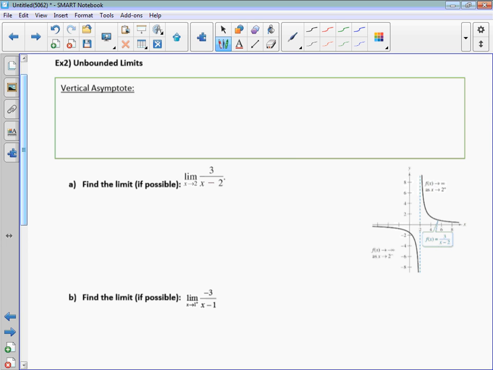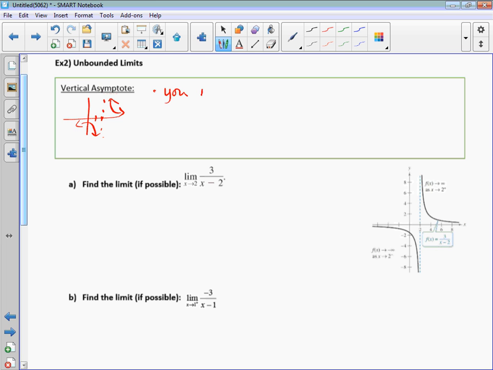All right, so when we are doing asymptotes, first you guys know what an asymptote looks like, right? Usually you have a graph doing something like that, right? You still have to check the left and right hand limit.